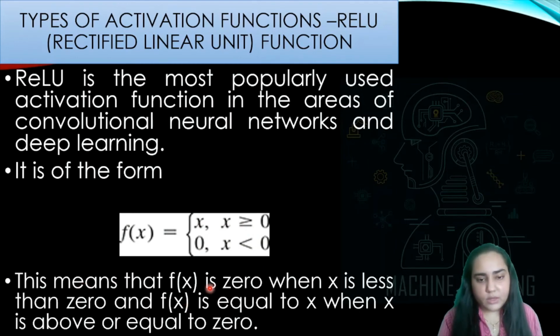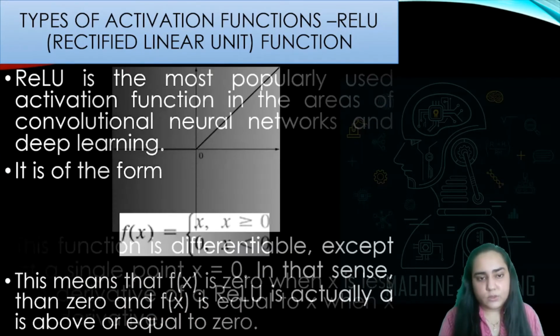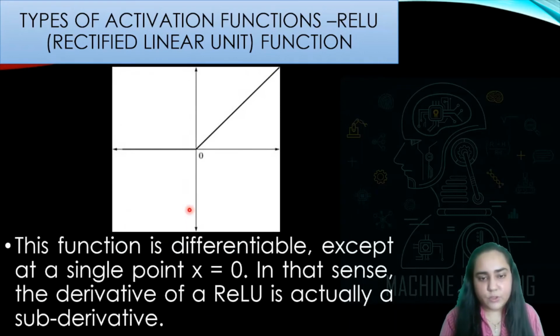So like I said, it is 0 when x is less than 0, but it is equal to x when x is above or equal to 0. And this is what the function looks like. So you can see the function is equal to exactly x if x is anything other than less than 0.